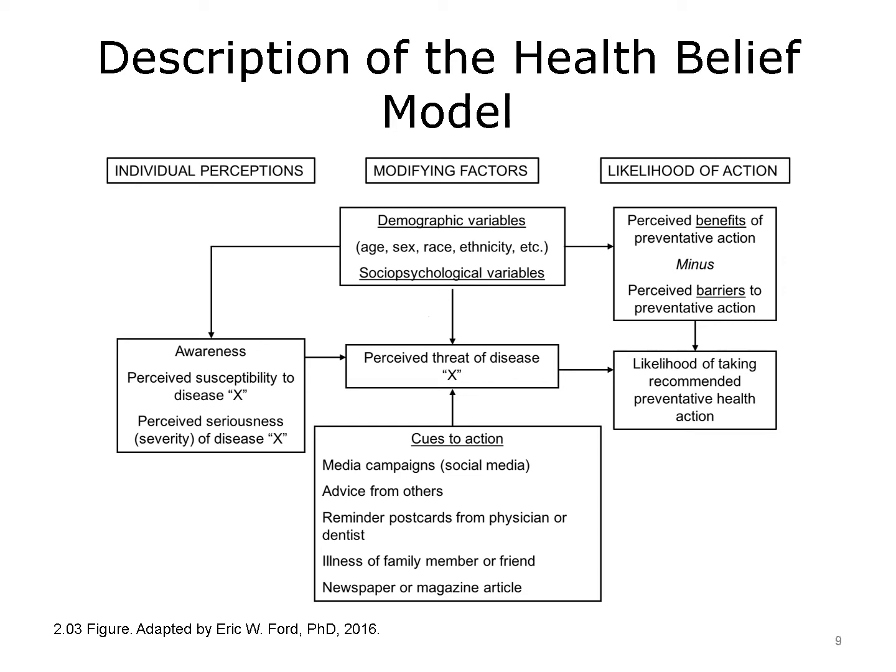The other parts of the health belief model that are important fall under likelihood of action, which appears on the right-hand side of the chart. And the first action has to do with decision-making. And this is where you look at your perceived benefits and subtract the barriers to action.